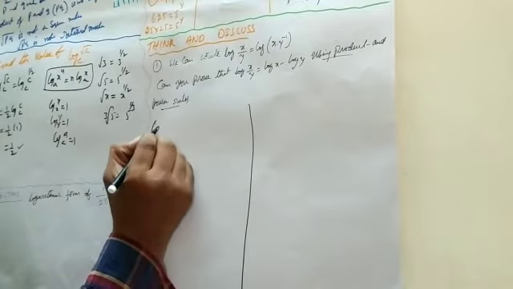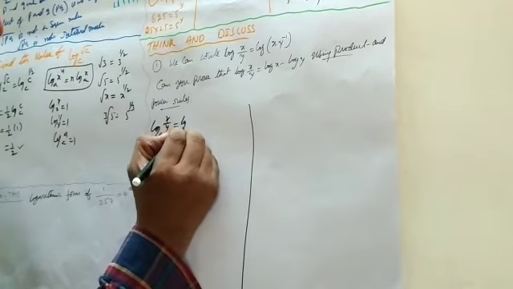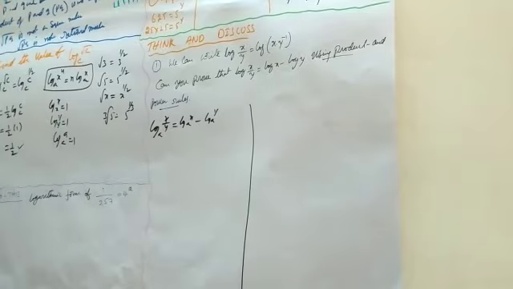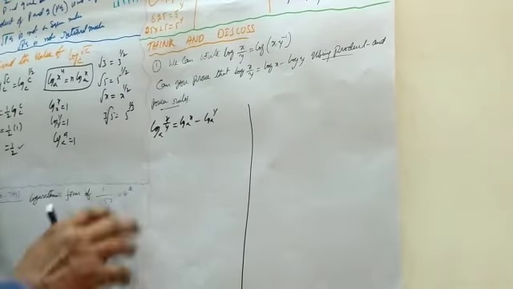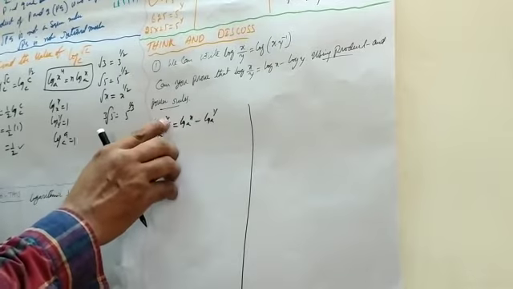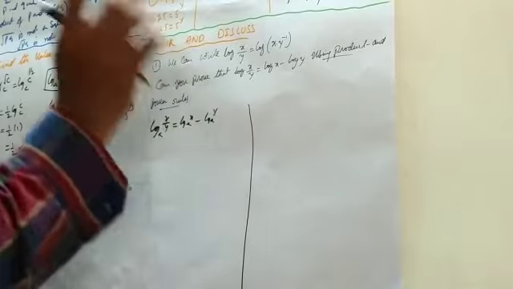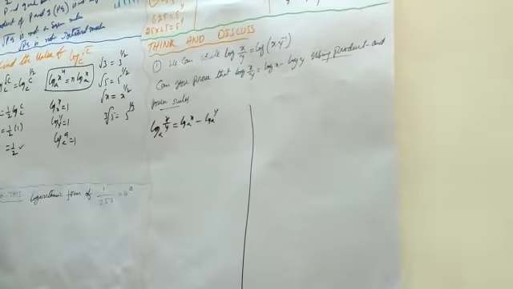Log x by y base a is equal to log x base a minus log y base a. This is the quotient formula.